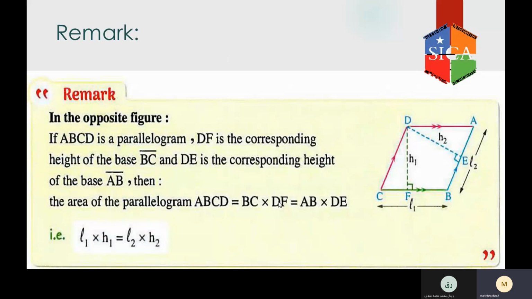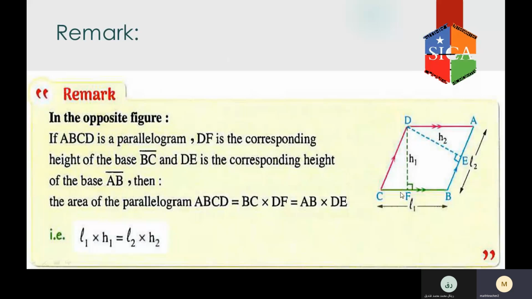This remark is very important. In the opposite figure, if ABCD is a parallelogram, DF is the corresponding height to BC, and DE is the corresponding height to the base AB.